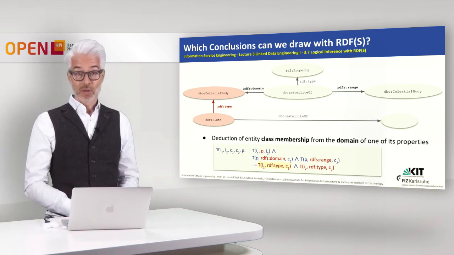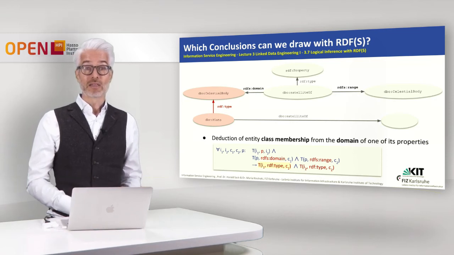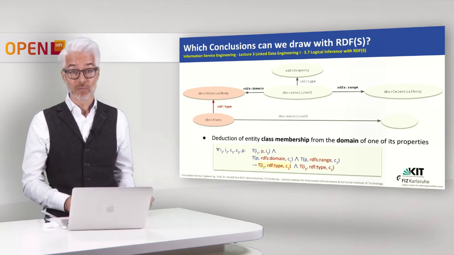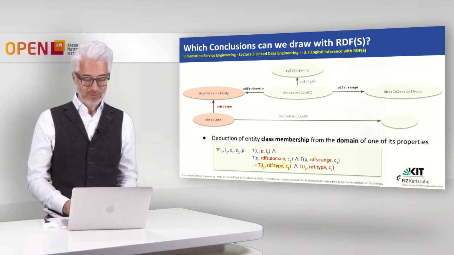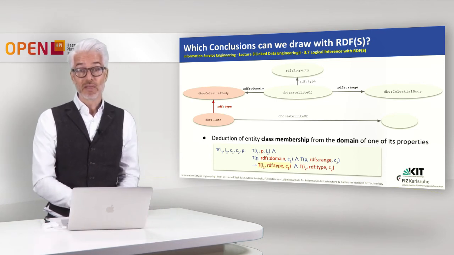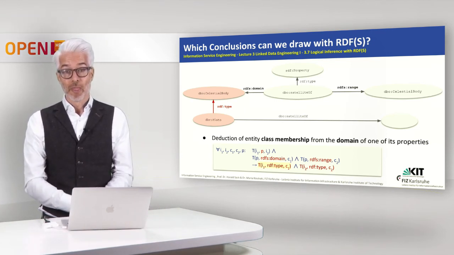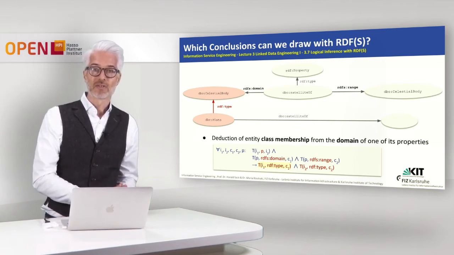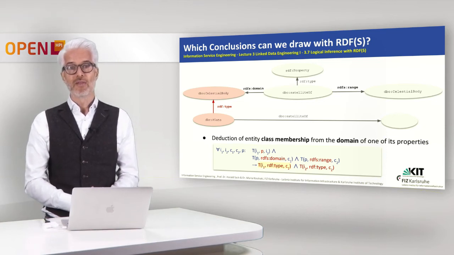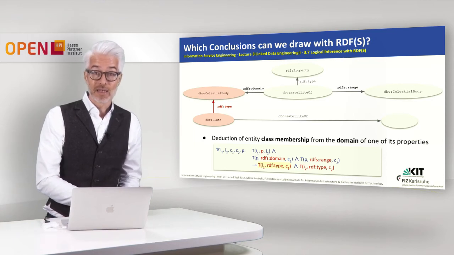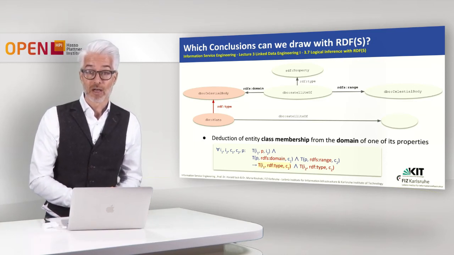And this comes from the following rule, which says that for all individuals I sub 1 and I sub 2 and all classes C sub 1 and C sub 2 and all properties P, it holds that if I have a triple in the following form, that individual I1 is connected via property P to individual I2, and for this property I have a specific domain which is class C1 and I have a specific range which is class C2, then it holds that I sub 1 must be a member of class C sub 1 and I sub 2 must be a member of class C sub 2.